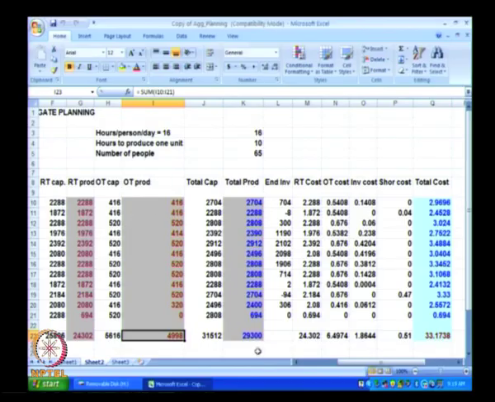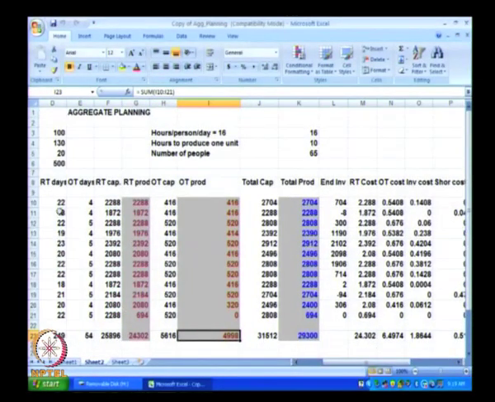The third question that we would like to answer is this. In this spreadsheet, when we said that in 22 days we have a regular time production capacity of 2288, that came from a number 104, which is the number of units that we produce per day. And if we look at these calculations, we assume that 65 people are working.